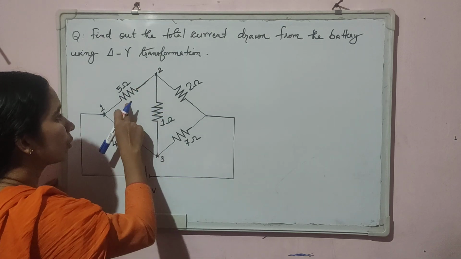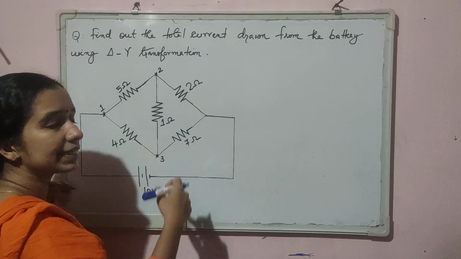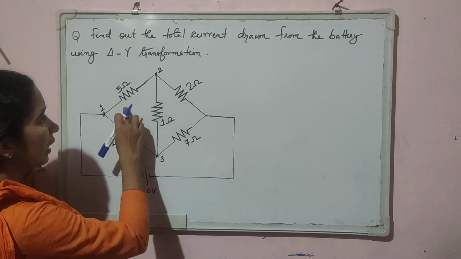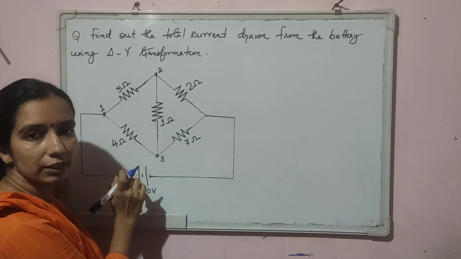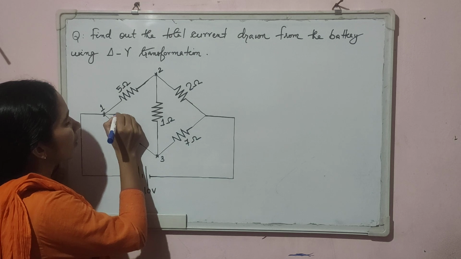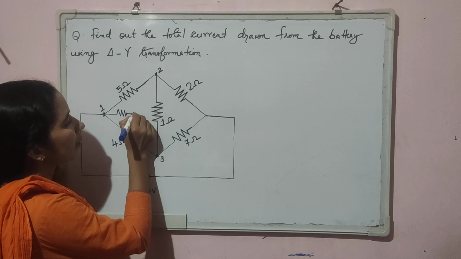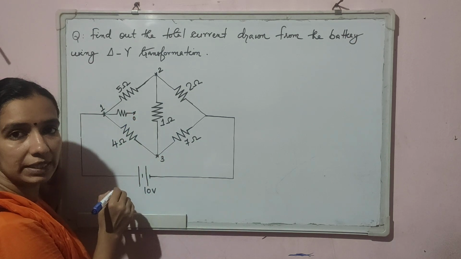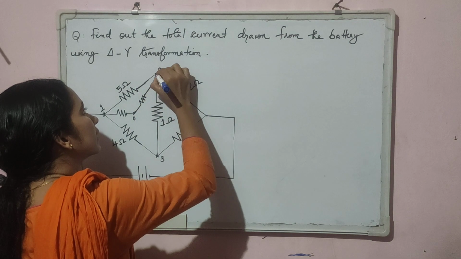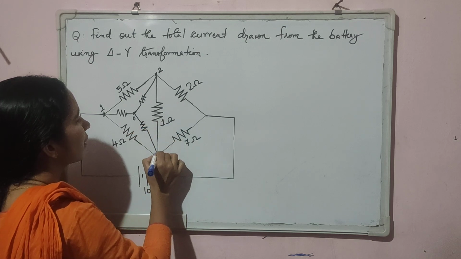So I have chosen this particular delta and I am going to transform this delta into an equivalent star connected network. When we transform a delta into a star connection, the equivalent star resistors will come like this. One resistor will be here in between terminal 1 and terminal 0, and one is here between terminal 0 and terminal 2, and one will be here between terminal 0 and terminal 3.